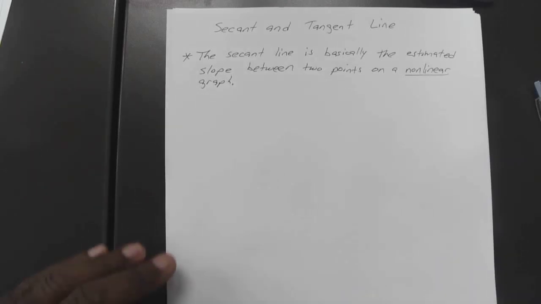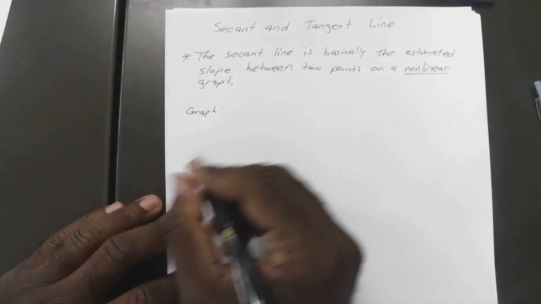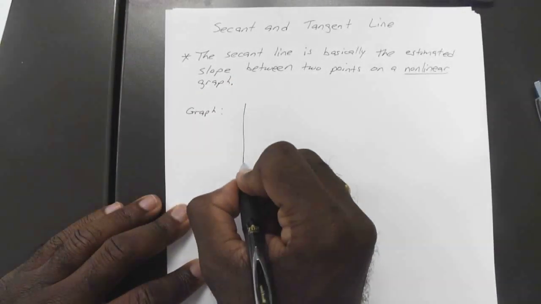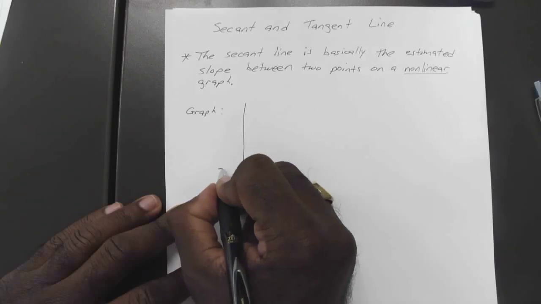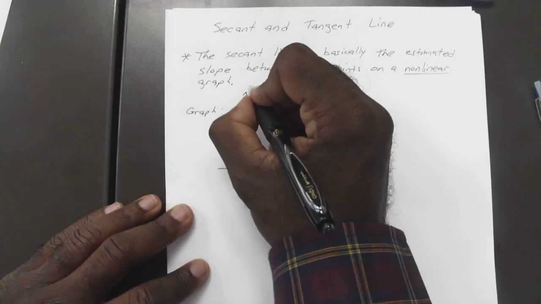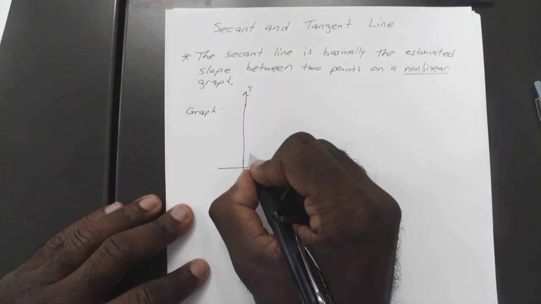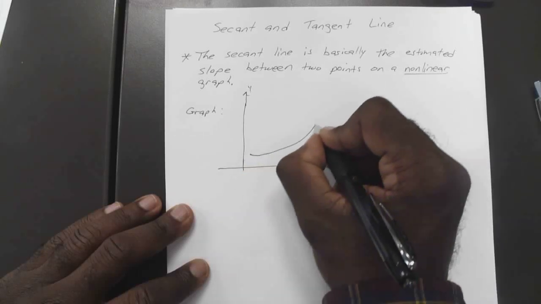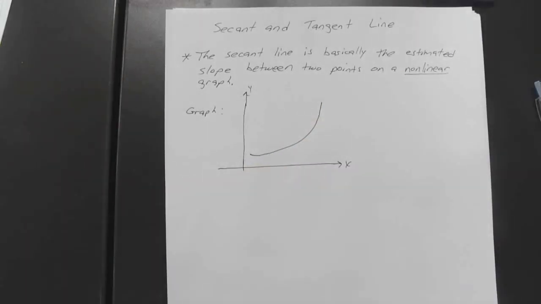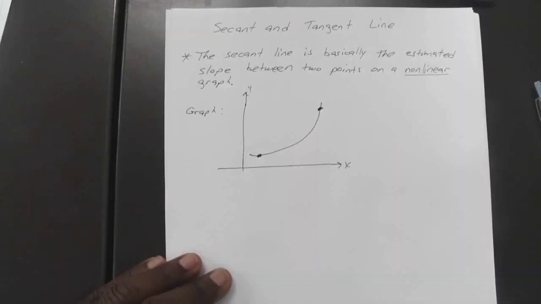Okay, so let's say we have some random graph. Say the graph looks like this. Just any random graph at all. Okay, so if we pick 2 points on that graph, let's say here and here.